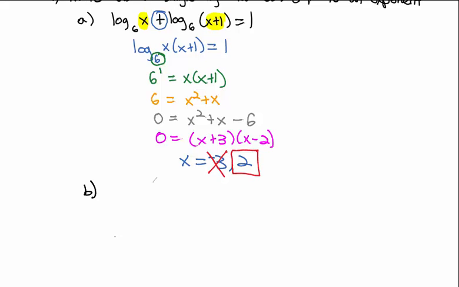Plug it back in. Does it make us take the log of a negative number? That's what's not allowed. How about this? Let's do log base 3 of 2x plus 4 minus log base 3 of x plus 3, and we're going to make that equal to 2.